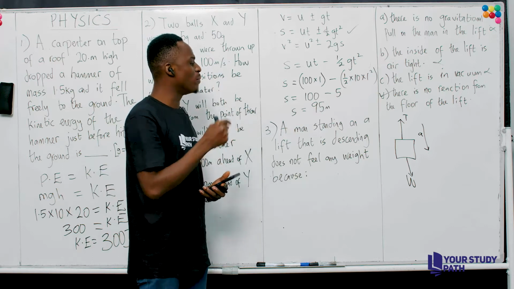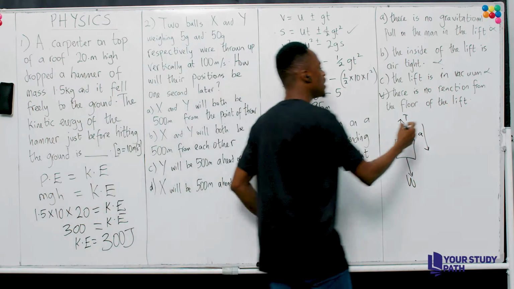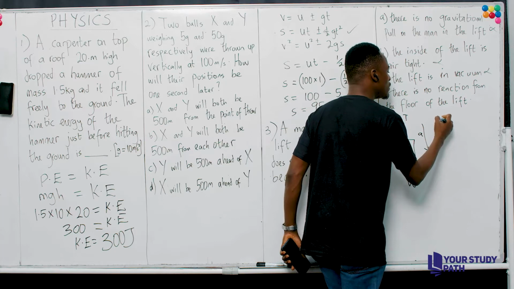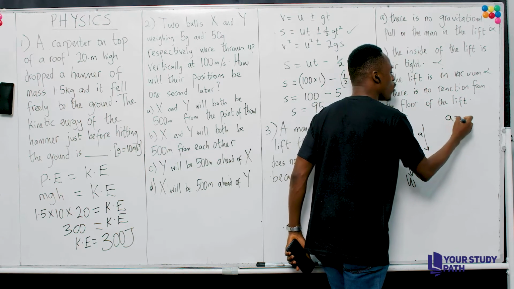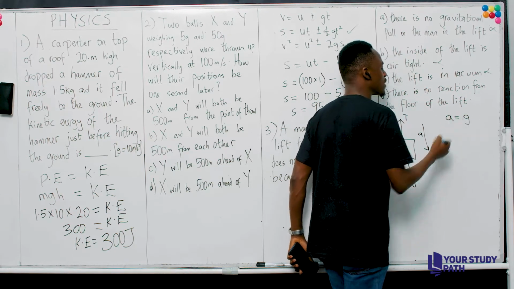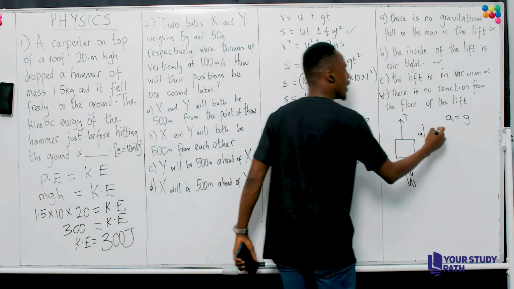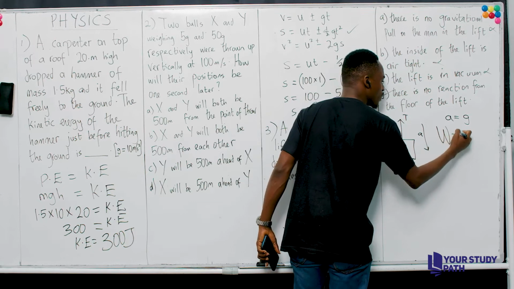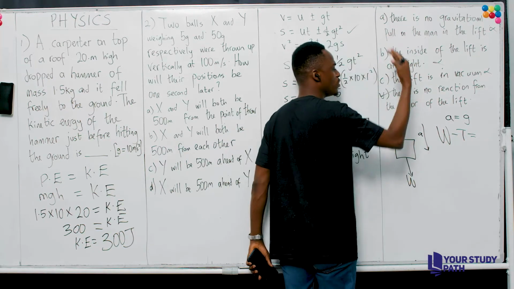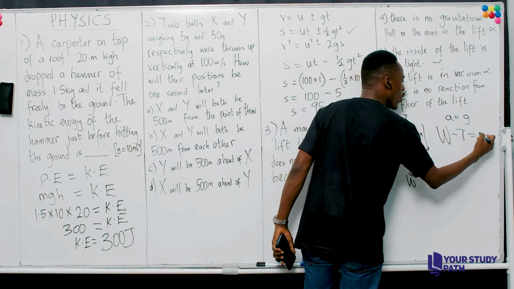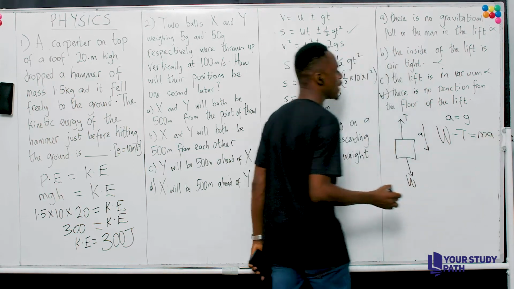Since the man feels weightlessness, it means the acceleration of the lift is equal to acceleration due to gravity. That is one key thing. Check this out. The weight must be greater than the tension, the upward reactive force, for you to have a downward acceleration.